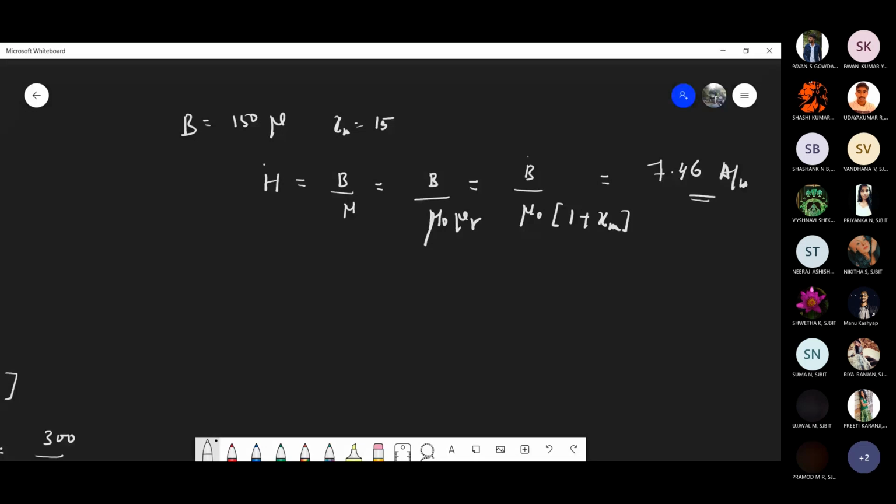Calculate the values: B is 150 into 10 power minus 6, and mu naught is 4 pi 10 power minus 7. Psi m is given. Substitute all the values into the calculation. You should get 7.46 ampere per meter.